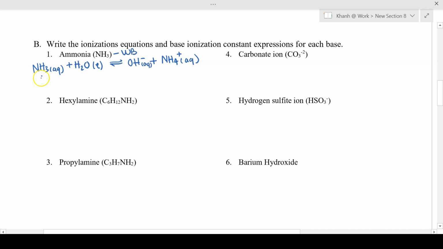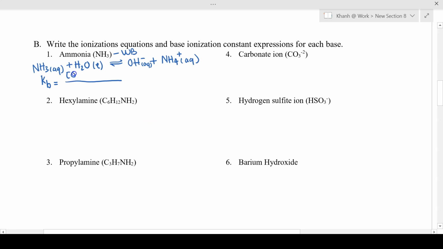So now let's do our Kb. Remember that there's the ionization constant for bases, or Kb, and the ionization constant for acids, or Ka. Whether it's Ka or Kb, we do the same step, where the top would be the concentration of your product and the bottom would be the concentration of your reactant.